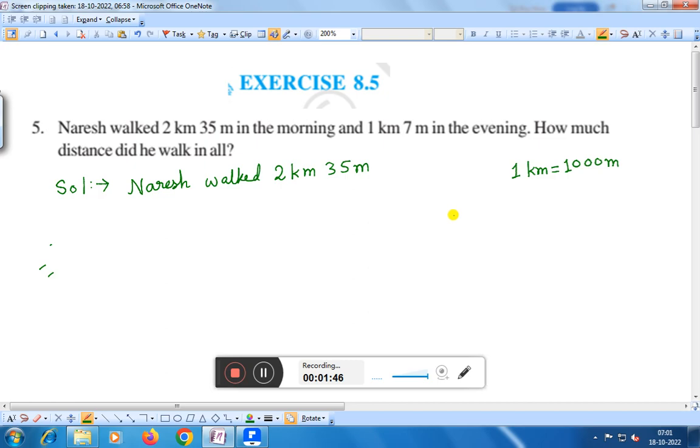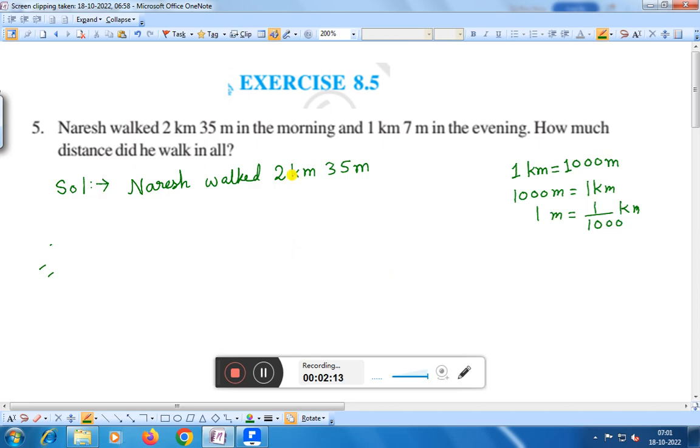That means we can say that 1000 meter is equal to 1 kilometer and 1 meter is equal to 1 by 1000 kilometer. That means to convert meter into kilometer, you have to divide this number by 1000, right?